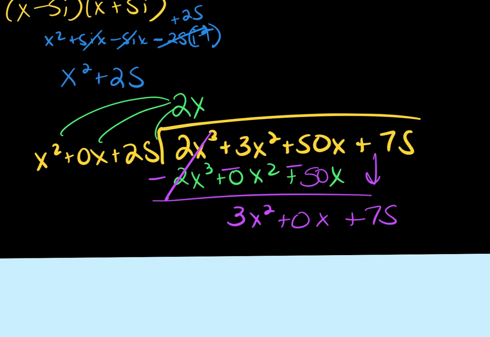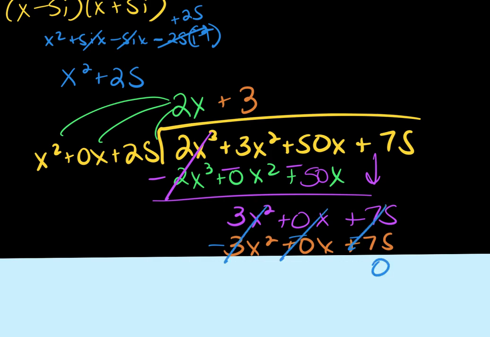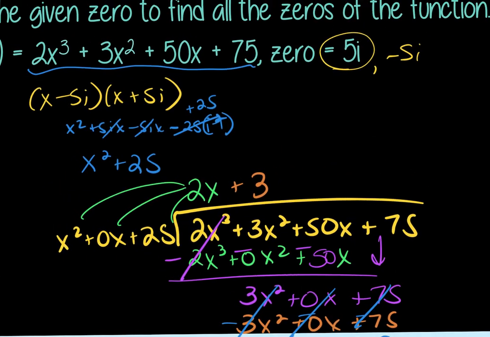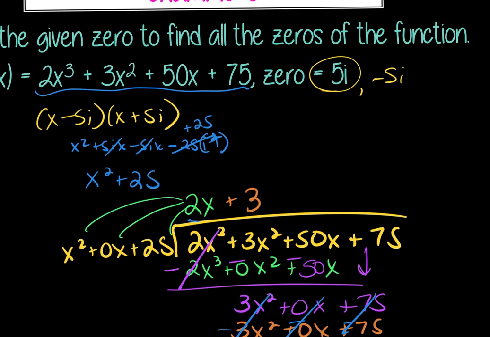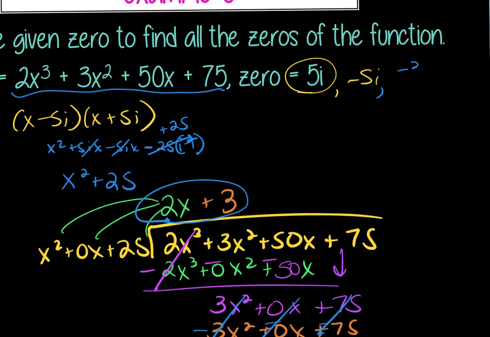And then what do I have to multiply by? What goes at the top? 3, multiply it out. Change your signs. And they cancel. If it doesn't cancel, you did something wrong, because we know these to be factors. So 2x plus 3 is my remaining factor, which makes my remaining root negative 3 over 2. And then all 3 of those are your zeros.